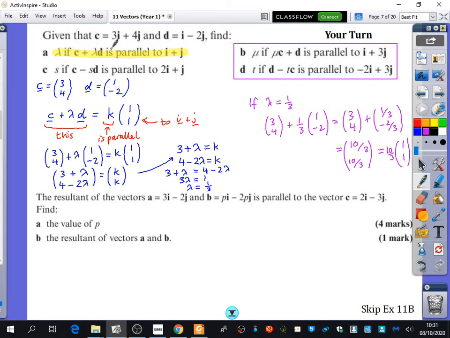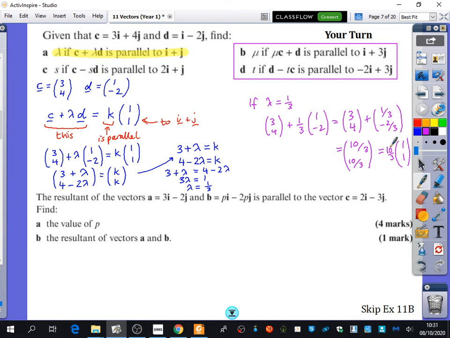It's not a third of I and J, no. The clue is over here. How much longer is it? It's 10/3 the length of 1, 1, because it's parallel to 1, 1 as a multiple of it, but it's also been multiplied by 10/3. So 10/3 is like 3.333. However long this one is, it's 3.33 times longer than it.